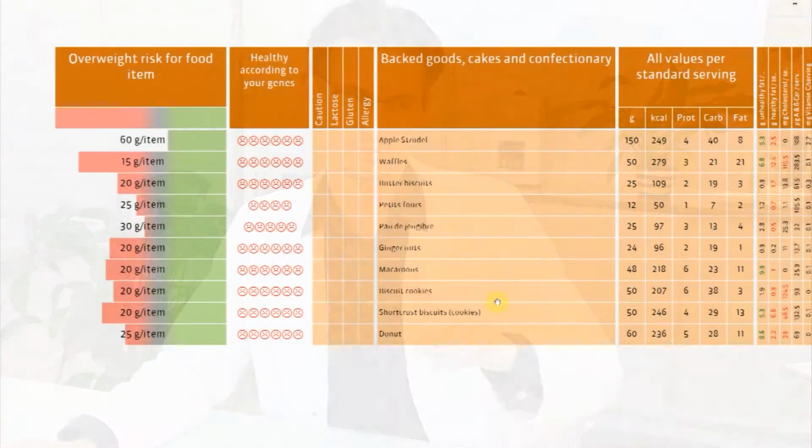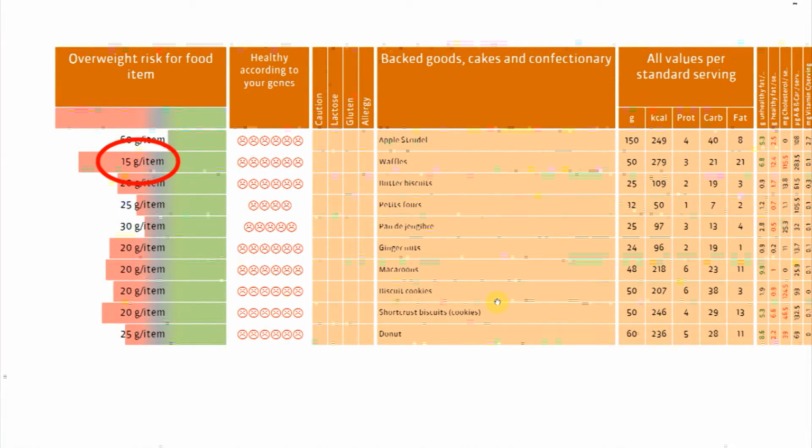Let's say this person wants to eat a waffle for breakfast and invests one food item. The person decides waffles, and the genes say what food item is 15 grams. Again, you might have ounces in your program if you use a different system. So for waffles, it's 15 grams.